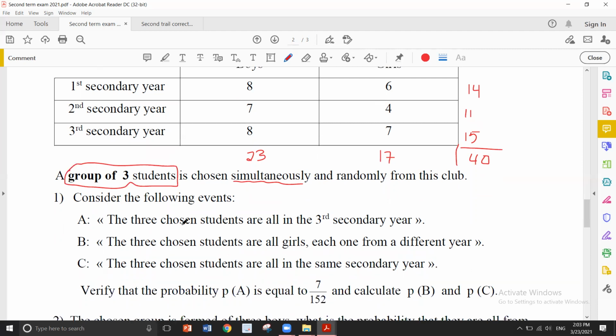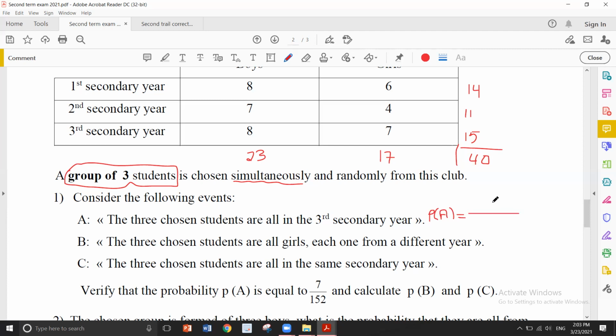A: the 3 chosen students are all in the third secondary year. Who can tell how to calculate the probability of A? All the students are in the third secondary year.